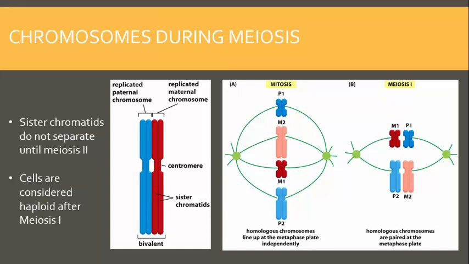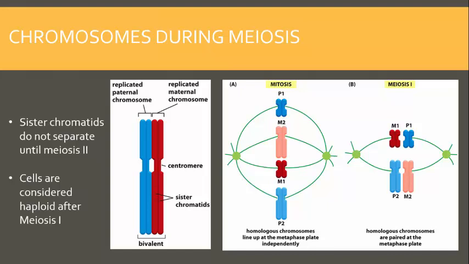Just like in mitosis, the chromosomes are duplicated once in S phase, creating sister chromatids. In mitosis, these sister chromatids are separated after metaphase, with one of each sister ending up in the daughter cells. However, in meiosis 1, the sister chromatids stay attached, and instead the replicated chromosomes are split.